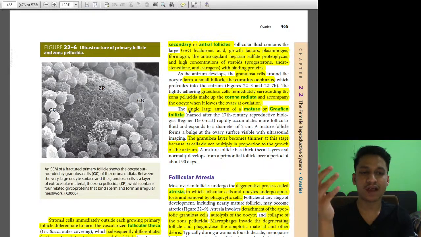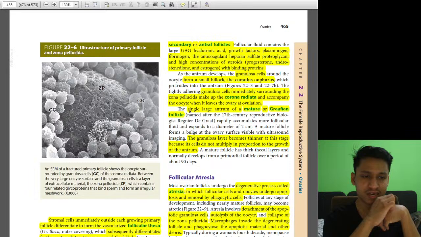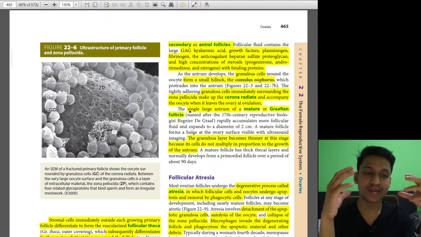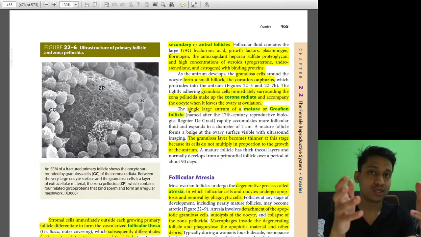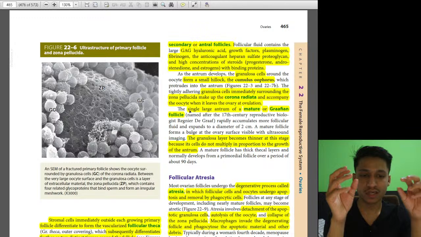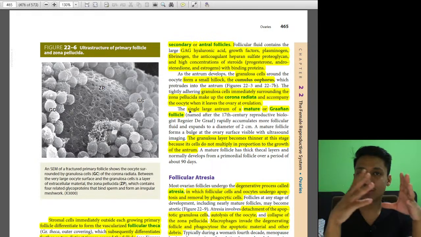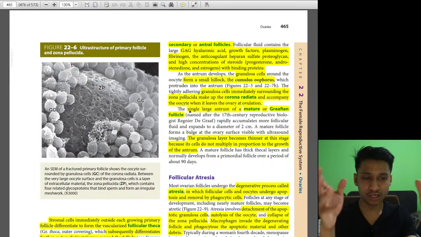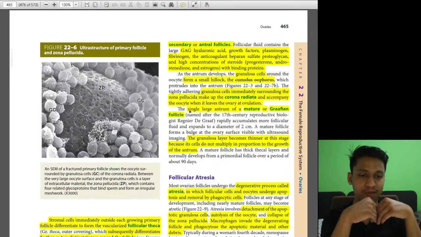This large mature follicle rapidly accumulates more follicular fluid and expands to a diameter of 2 centimeters. Remember we discussed the 5 to 10 micrometer diameter of the primordial follicle; now the mature follicle is 2 centimeters, and it forms a bulge at the ovary surface, visible with ultrasound imaging.